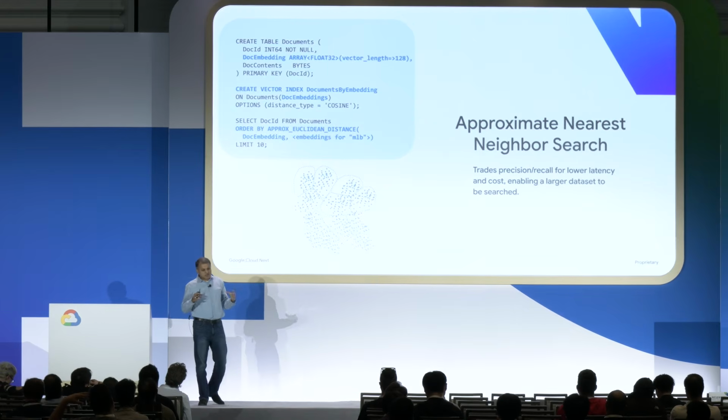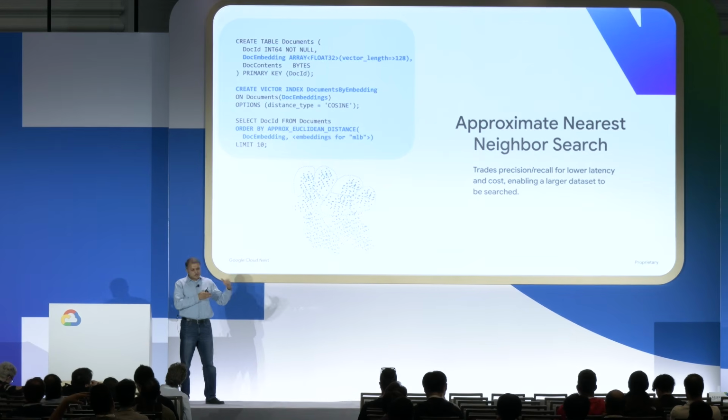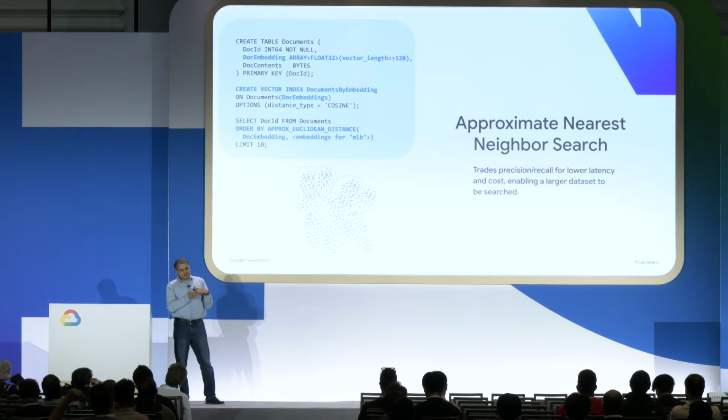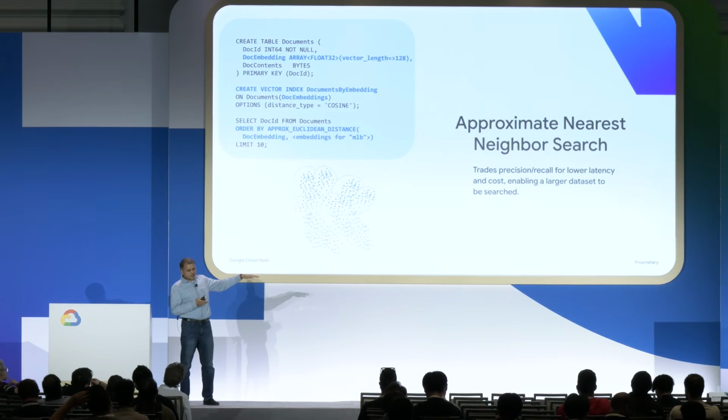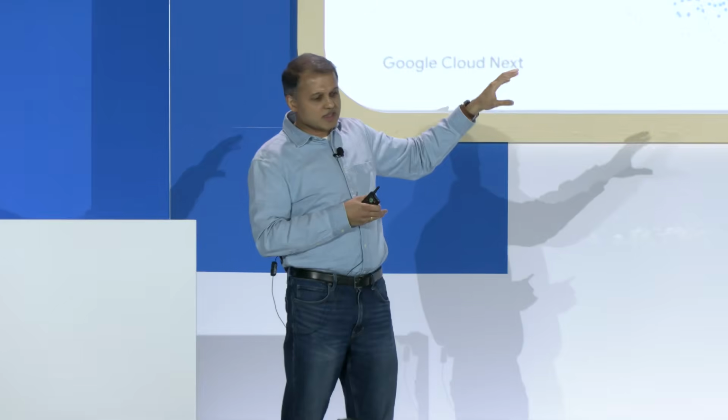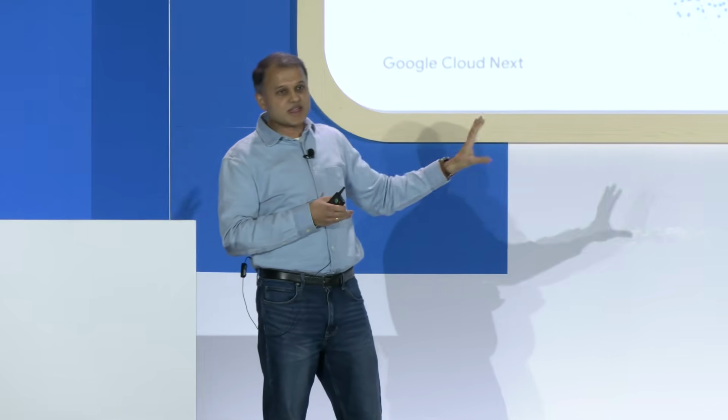But when you want to scale, when vector search is your primary search mechanism, right? This is where it becomes really expensive to compute your embedding distance from the query embedding to all the documents. And this is where approximate nearest neighbor comes in. So instead of looking at every single row, you're building an index.